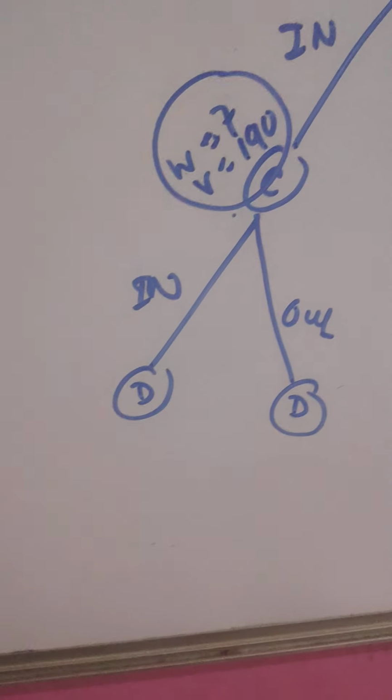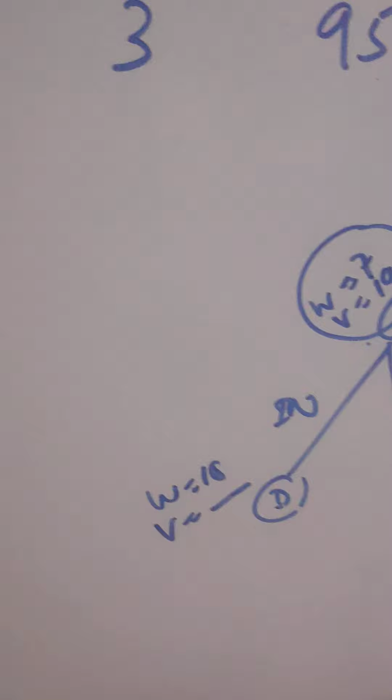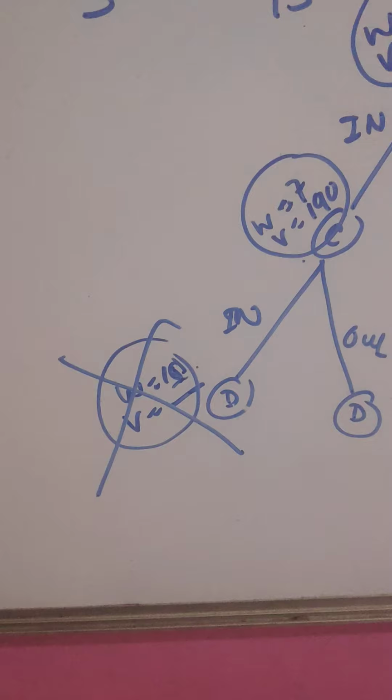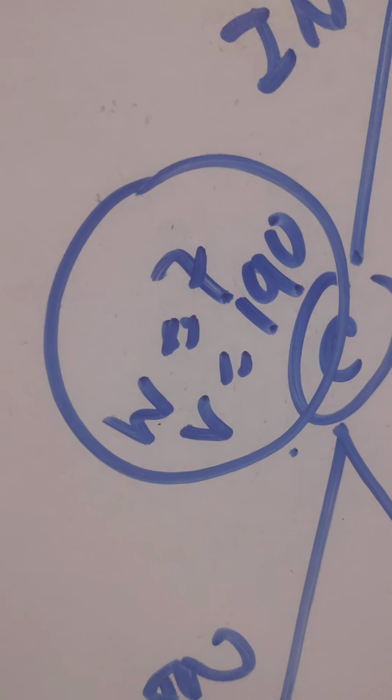In D, if I take D, it was 7, plus 3, so weight becomes 10 and value becomes 190 plus 95. But since my weight is 10 and I am allowed to take only 8 kg, it exceeds, so it is not considered. If it is out D, it remains the same, and V is equal to 190.